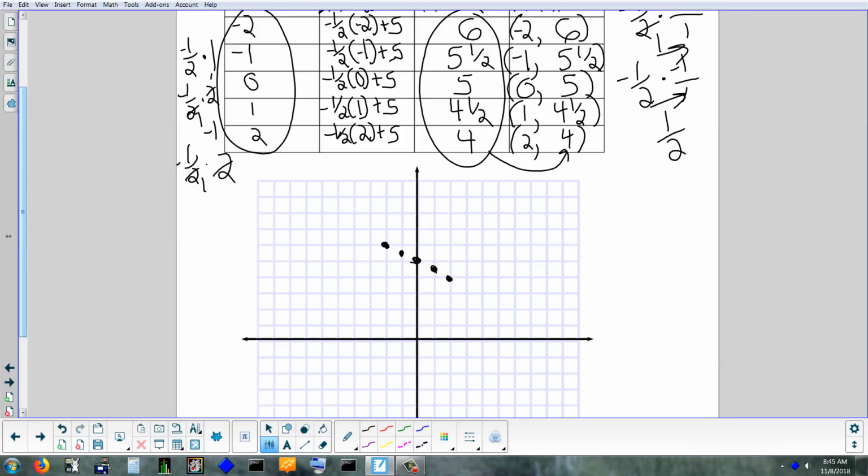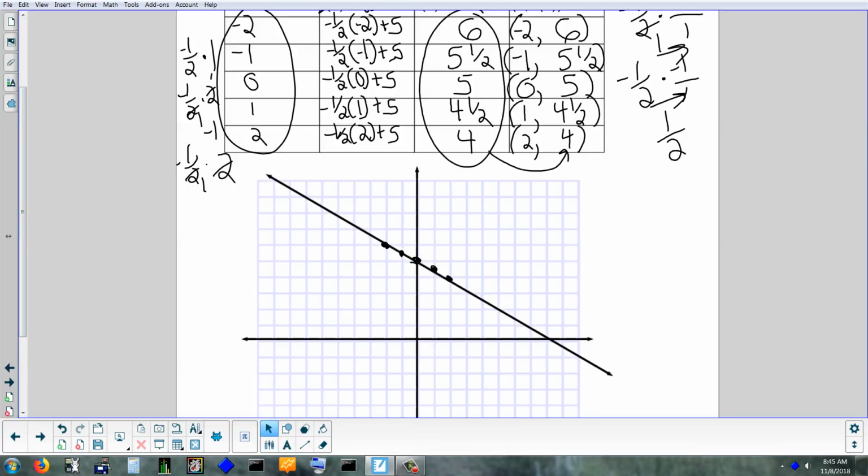Now, like you guys told me, it's linear, so it's going to be a line. It'll look something like that. And there's your graph.